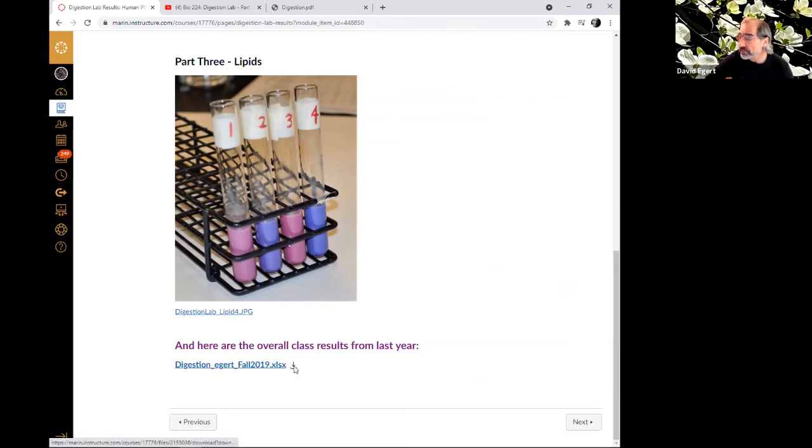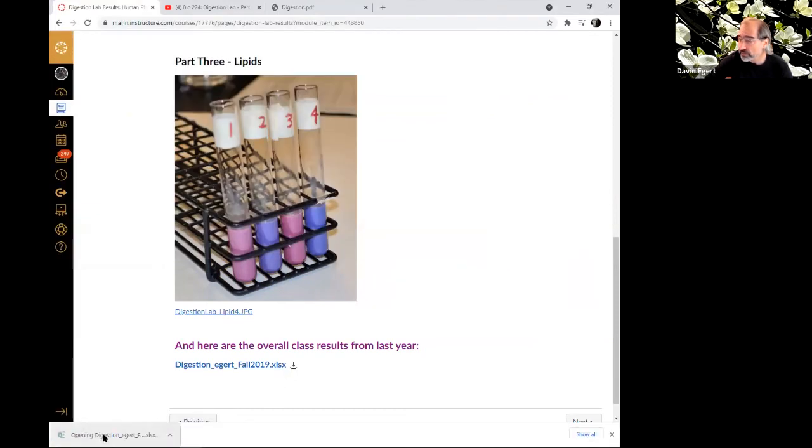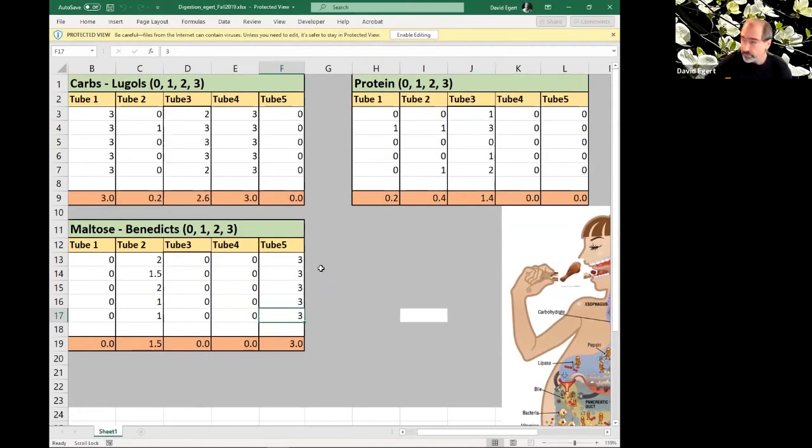Actually, the last thing I will show you here. Oh, come on. There it is. This is a spreadsheet that's just available at the bottom of that same page with all those pictures.